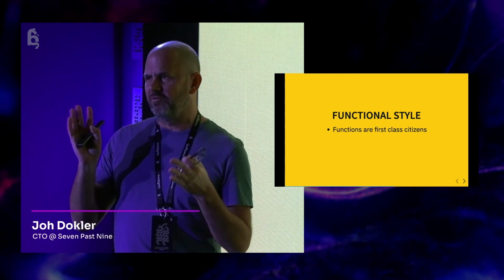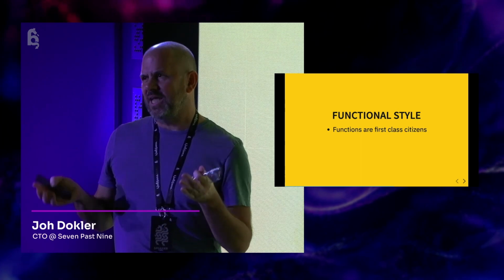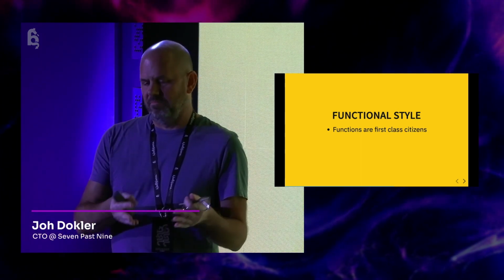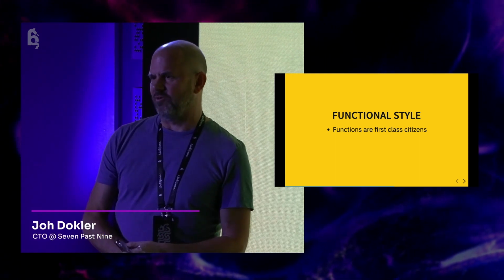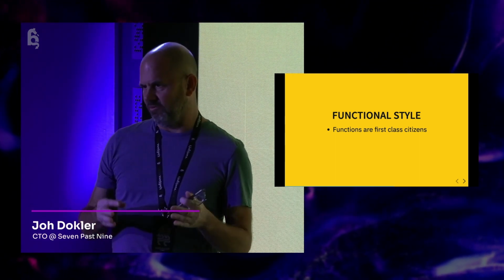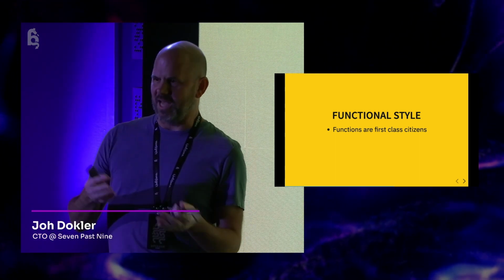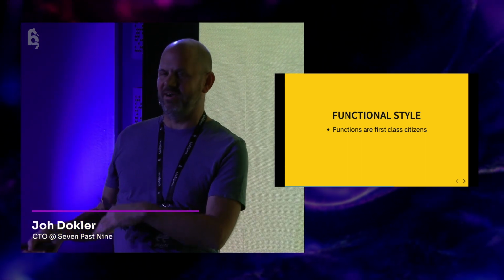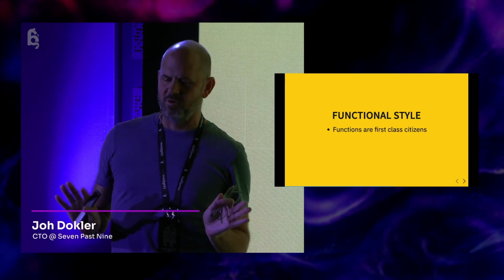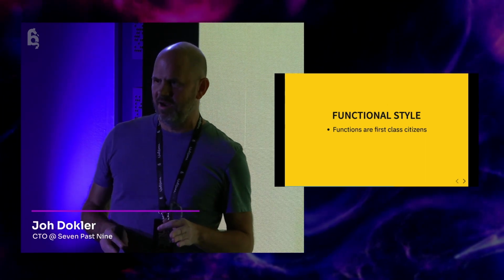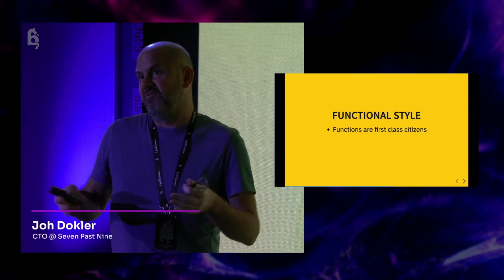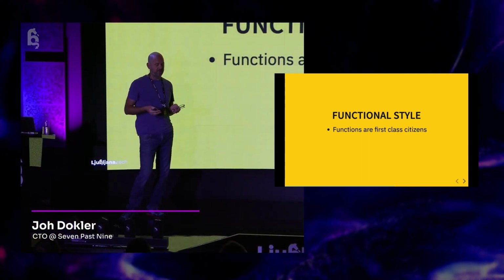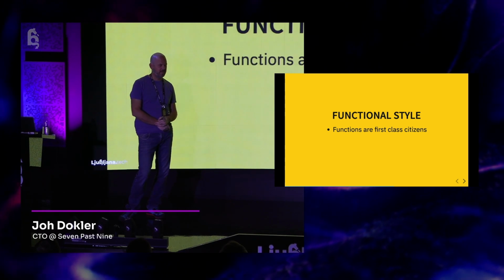This used to be more advanced. I mean, these days it's not so much anymore. JavaScript totally passes for this definition, right? Because you can assign a function to a variable, you can pass it to another function, call it there, you can always return a function. So no big deal here. Although I would say 15 or 20 years ago, this was not so common, right?